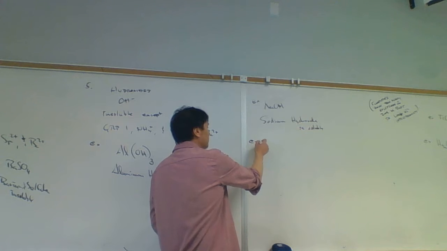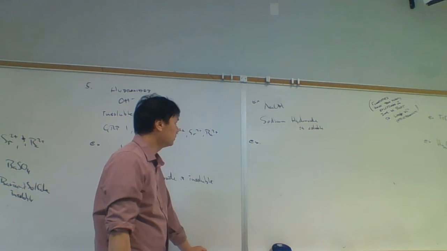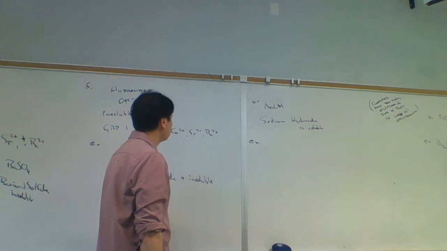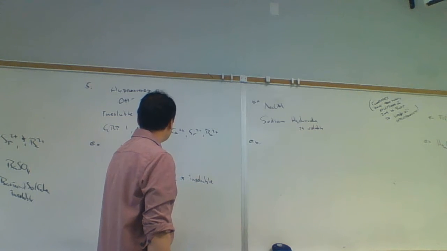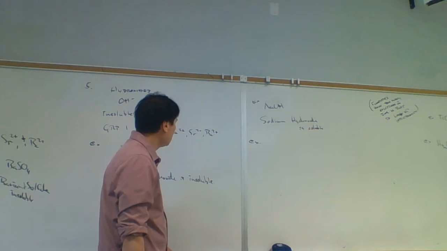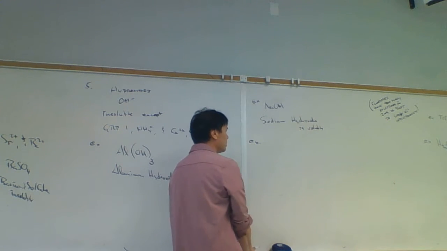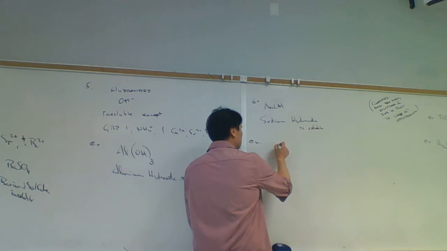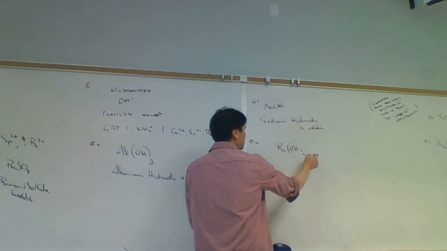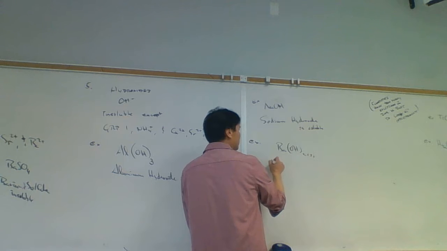Okay, the next example is barium hydroxide. What's the formula for barium hydroxide? Ba(OH)2, 2 hydroxide. Barium hydroxide is soluble or insoluble?